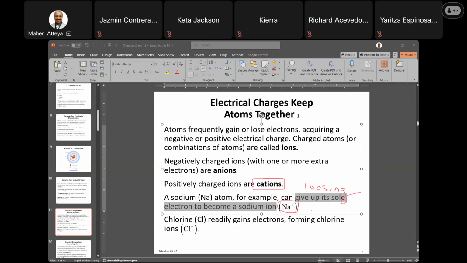The anion forms when the atom gains extra electrons, such as the chlorine atom. Chlorine has 7 valence electrons, and you add to it 1 electron. Now we have the chloride anion, negative.